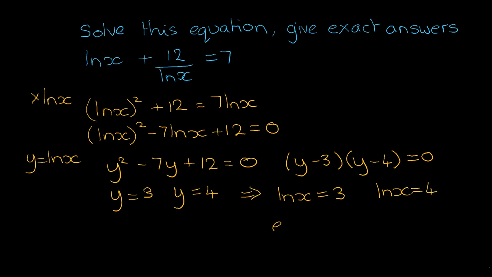So if we do e to the power of both sides, we get e^(ln x) equals e^3, e^(ln x) equals e^4, which means x = e^3, x = e^4 are our two solutions.